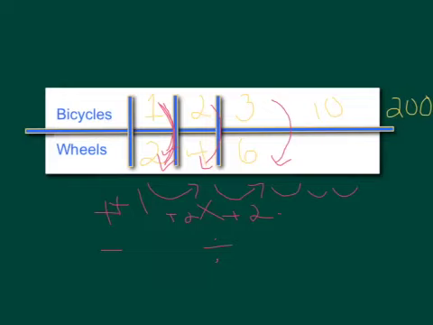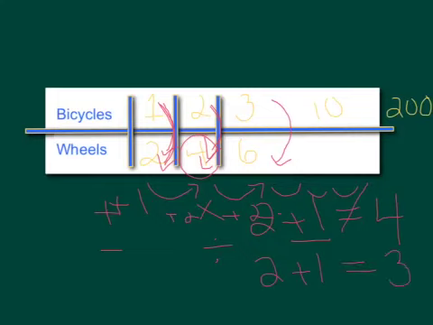So I'm going to try that out on my second one. 2 to 4. 2 plus 1, that's what I think it might be, equals, now my question is, does it equal this number here? And in this case, it doesn't equal 4. So we know that 2 plus 1 does equal 3. That can't be my pattern, but I needed to try it. So I know it's not +1.